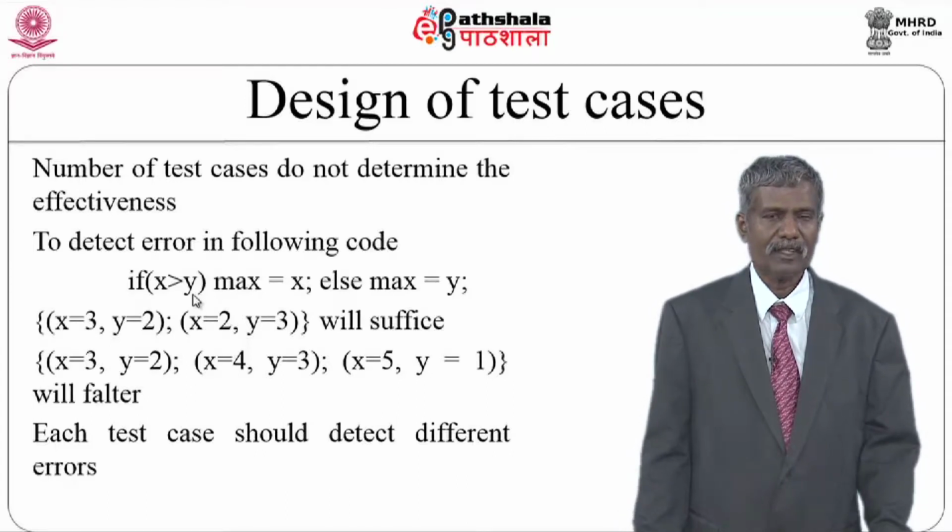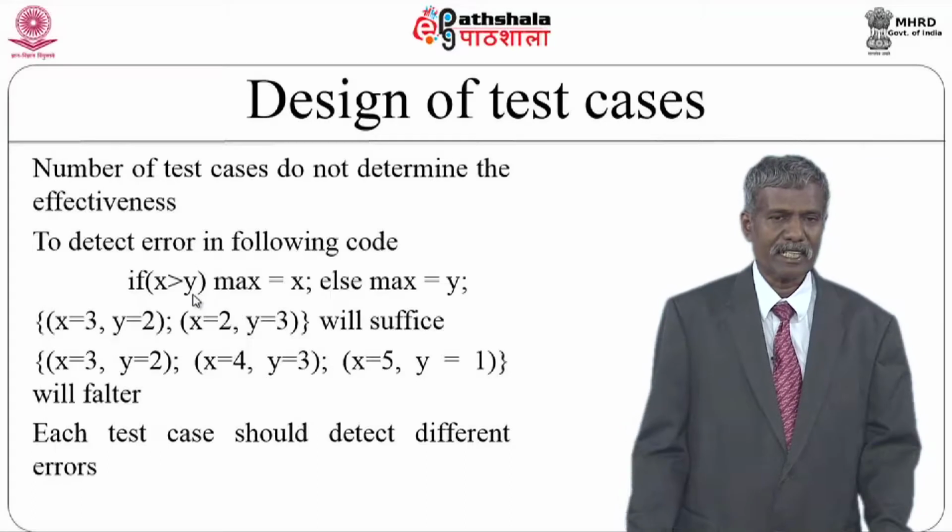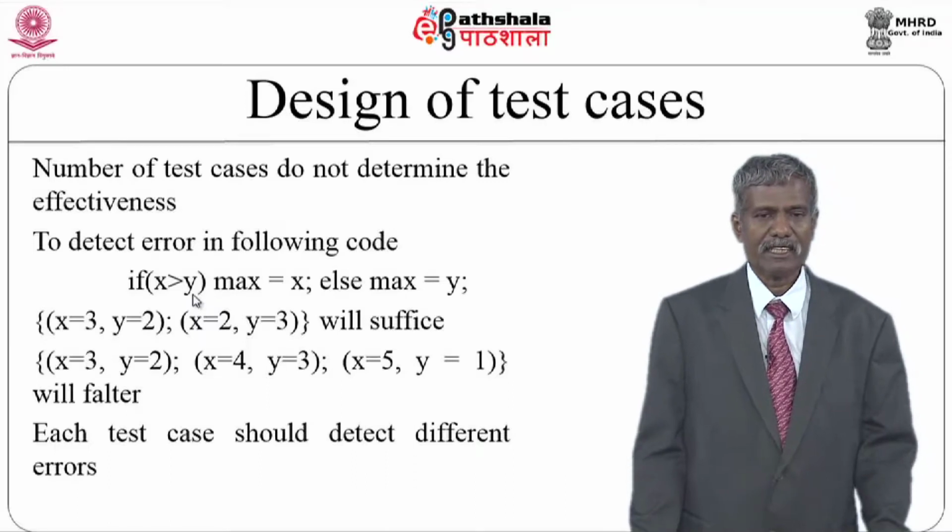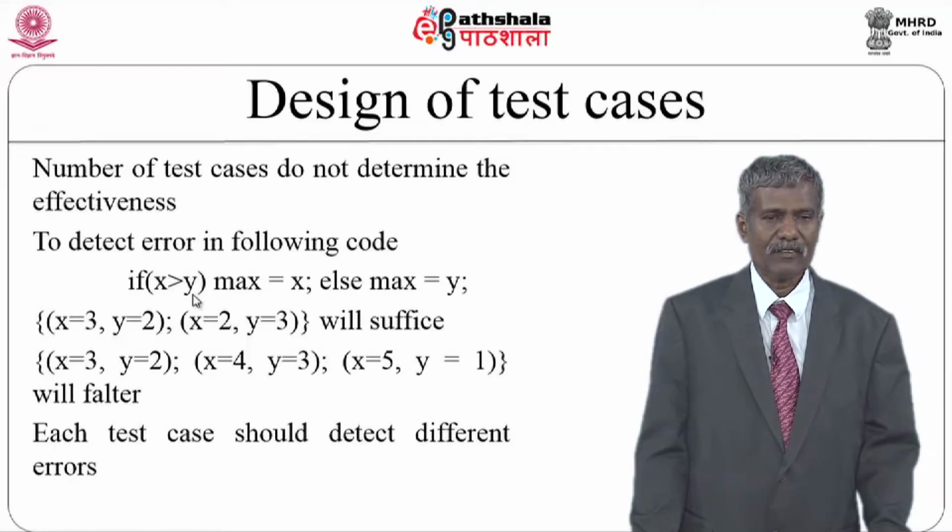Exhaustive testing should test both the true condition and the false condition with the minimum number of test cases. In the second example, you have more than 2 test cases, but it is checking only the true condition, not the false condition. Therefore, it is not an optimal number of test cases. The first one is producing the optimal number of test cases, so the second test case suite will falter.